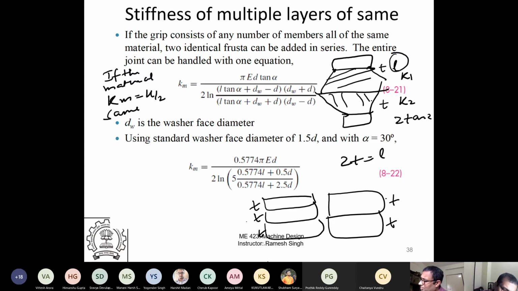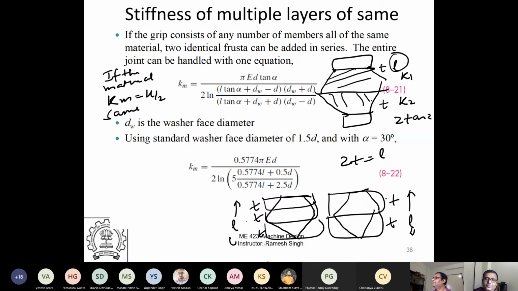Same thing you will get. Assuming this is L, here also there will be L, because my pressure distribution will still be the same regardless of how many layers there are. So I'll get exactly the same thing. Do you agree with me or not?